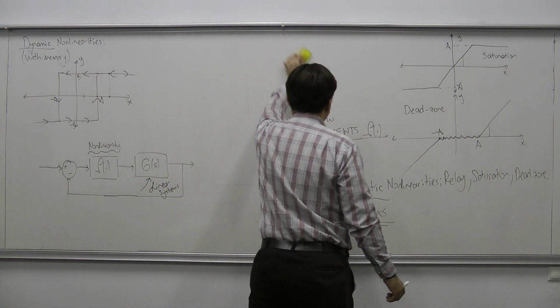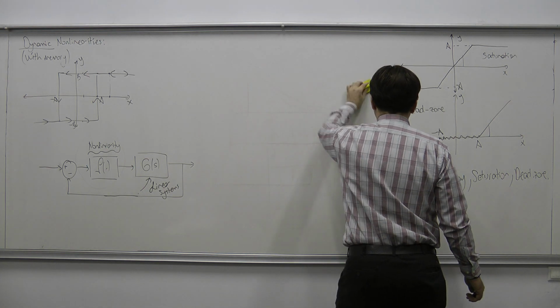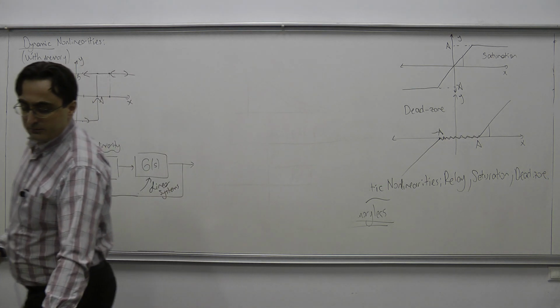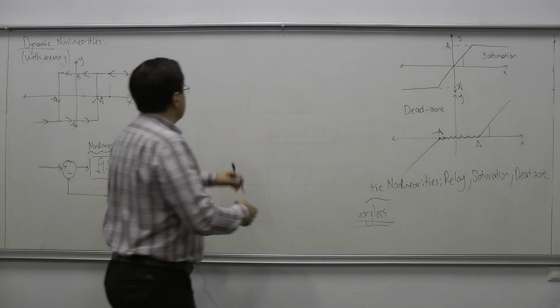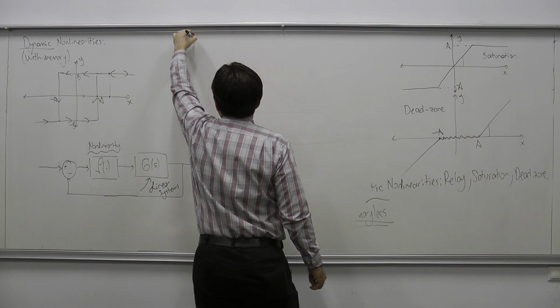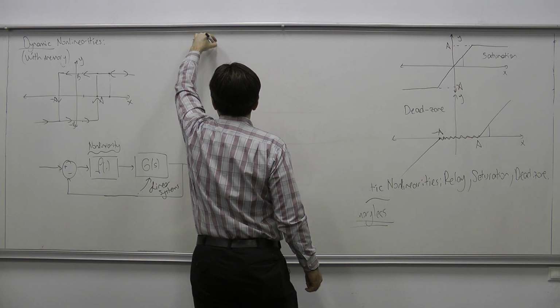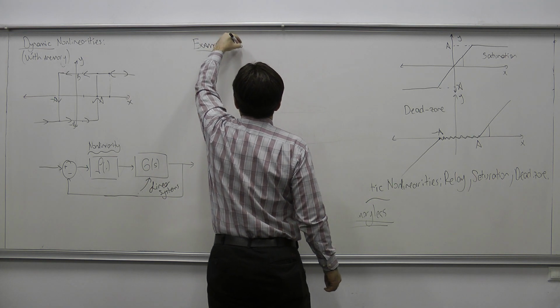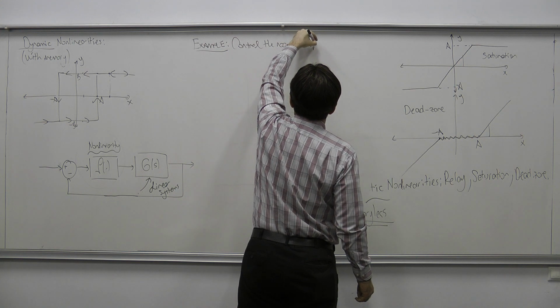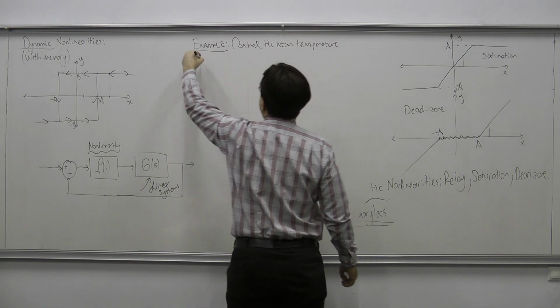So here, what type of element might this hysteresis represent? I will try to show you an example. Suppose that I would like to control the room temperature with an air conditioner.